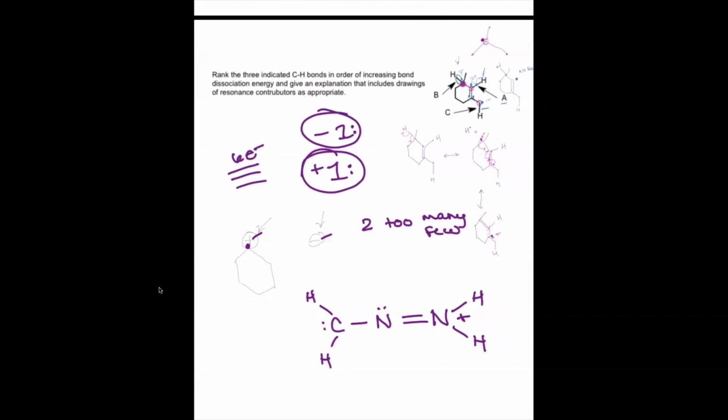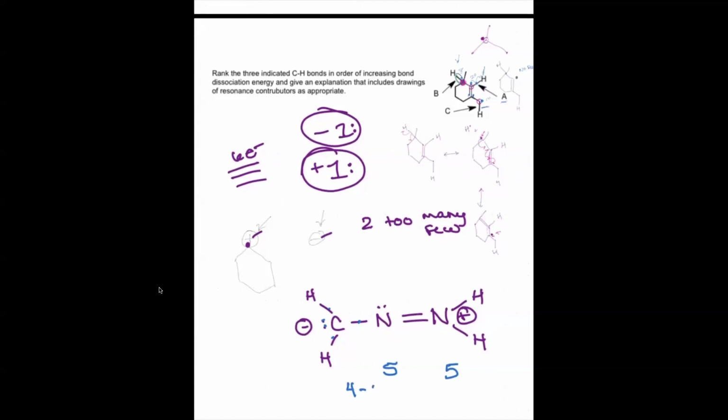Yeah, I started to draw the structure out just to give you an idea. And this is why we go over this stuff in the beginning. So carbon wants 4, nitrogen wants 5. This one wants 4, has 5, -1, negative charge, right?